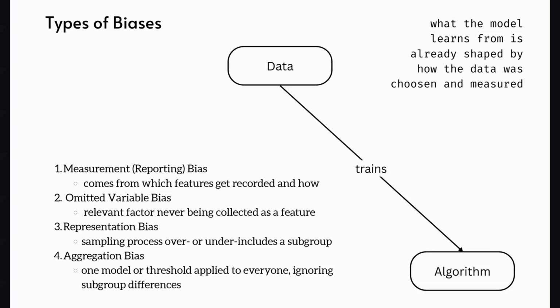The second is the omitted variable bias, basically a relevant factor that you are missing or not using. For example, a house price model. Initially, when it was trained, you did not take into consideration that there is a subway station nearby.